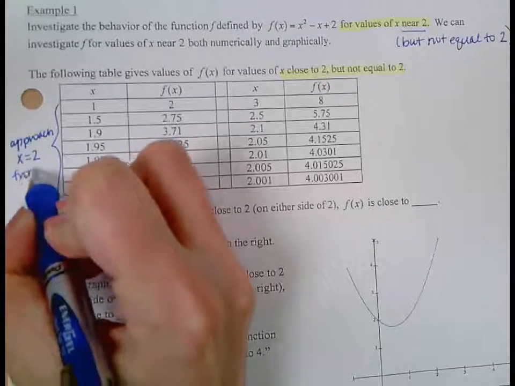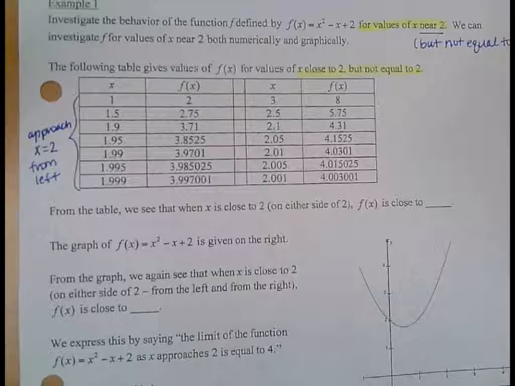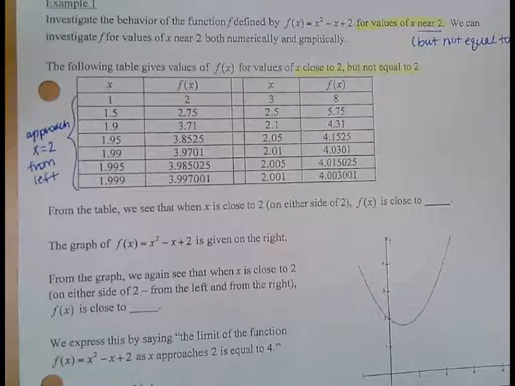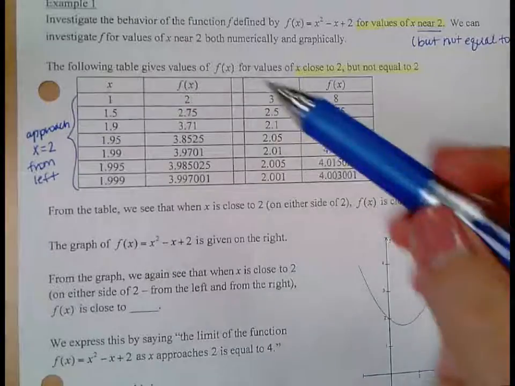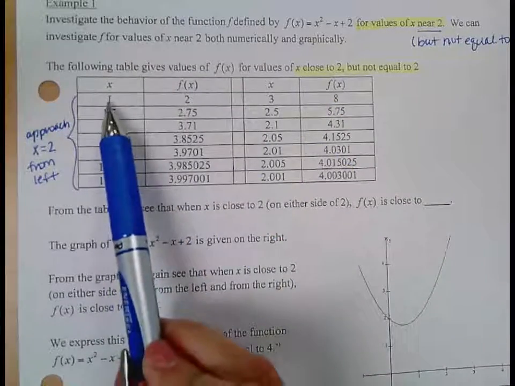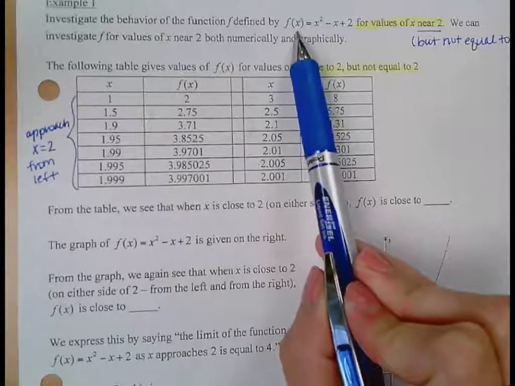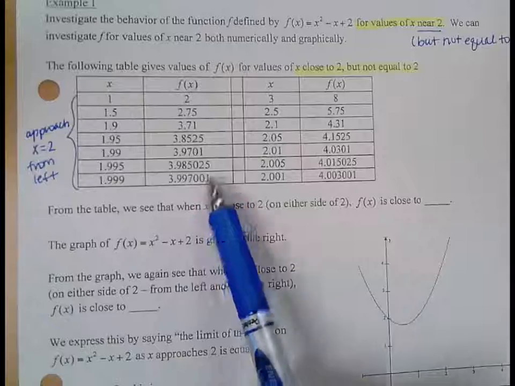Specifically, I'm going to say from the left side. These are values that are approaching 2, but they are less than 2, so they're from the left side of 2. How this table is created is these x values were substituted into the function, and that's where these y values are coming from.